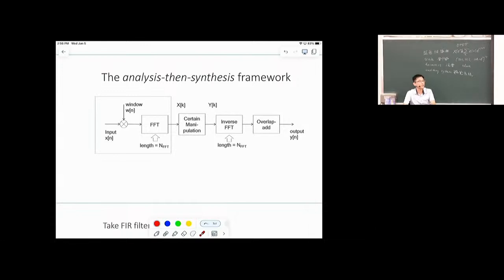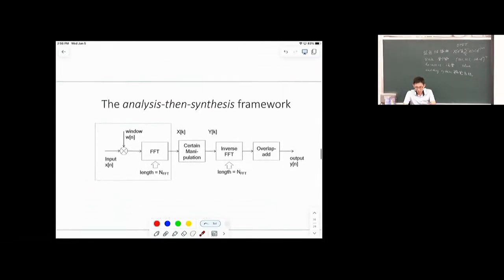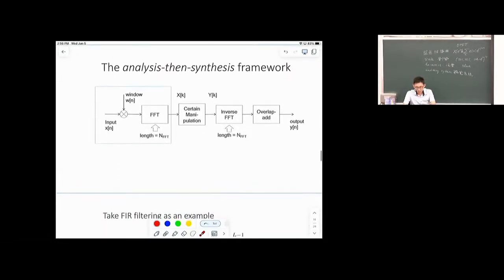So should I enter the last topic, the final topic? How would be an application of FFT? FFT can be used to process our signal in the frequency domain. Previously, when we talked about filtering, everything was in the time domain. We used a difference equation, right?